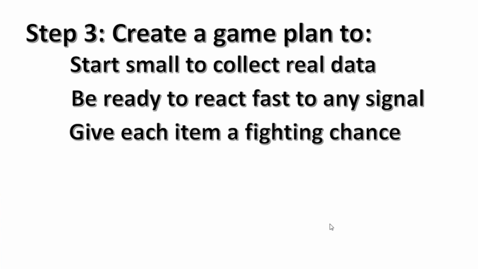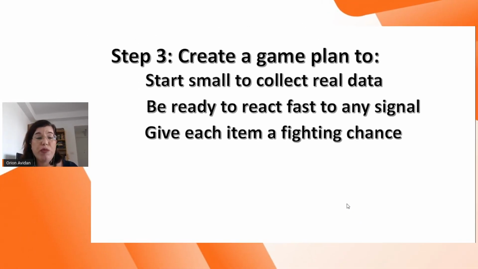Now, next up, we also need to figure out what is a fighting chance for each product. Some products take more time to get to market. Some products have a very high peak and burn out fast. But you need to give each item you're introducing to the market enough chance to shine.